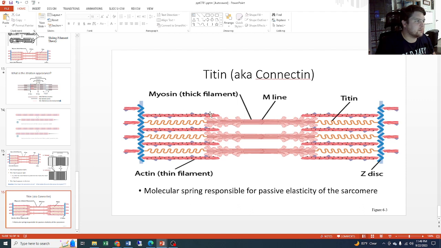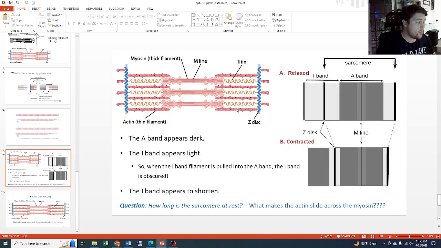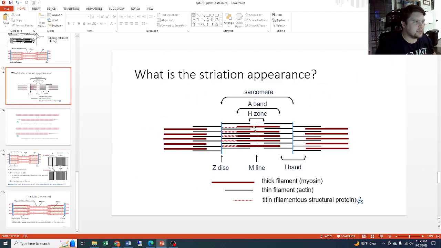We have actin, also known as the thin filament. And we have another protein called titin or connectin that helps with elasticity to help the sarcomere return back to its original shape afterwards. Big ones we want to know are the thin filament and the thick filament. So these thick lines represent the thick filaments. These thin lines represent the thin filaments.